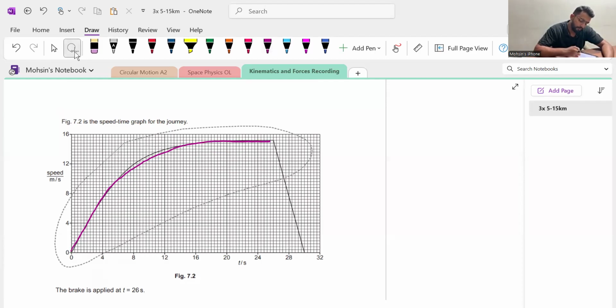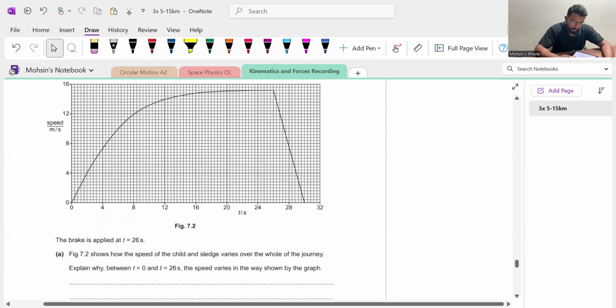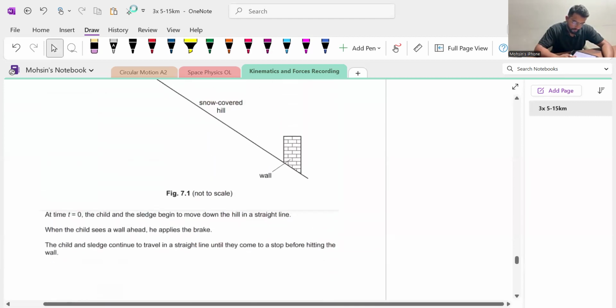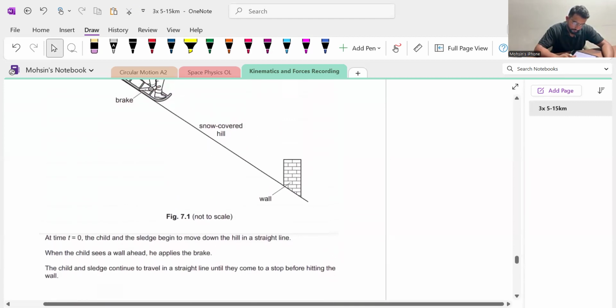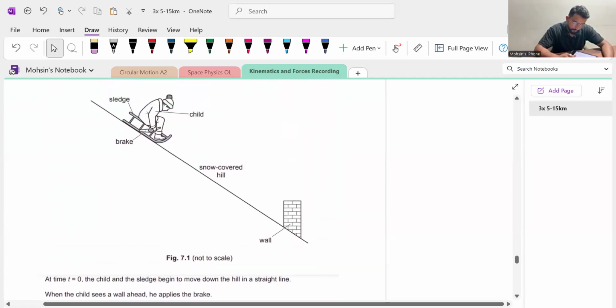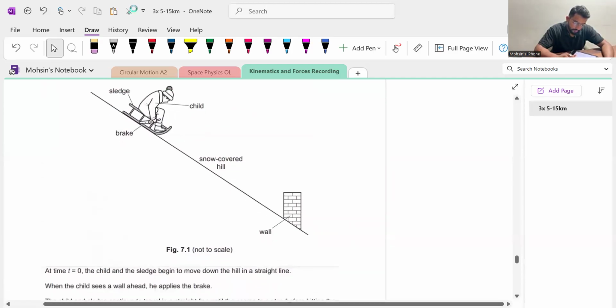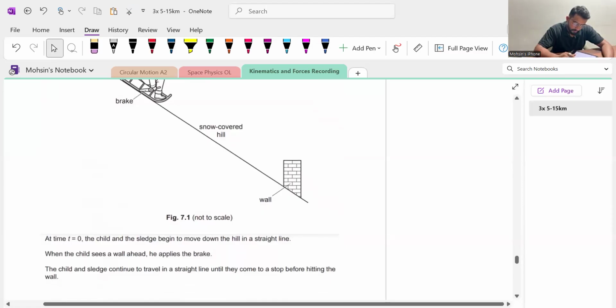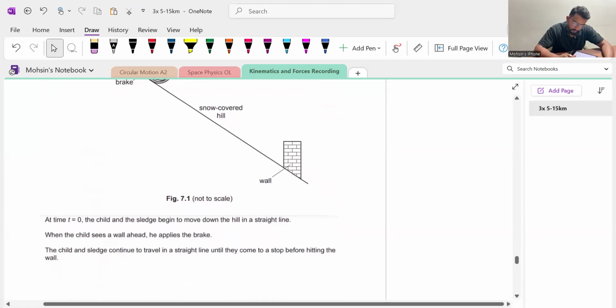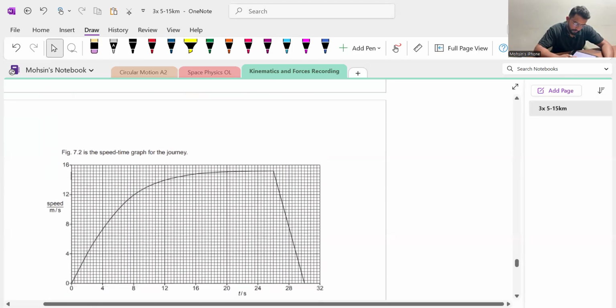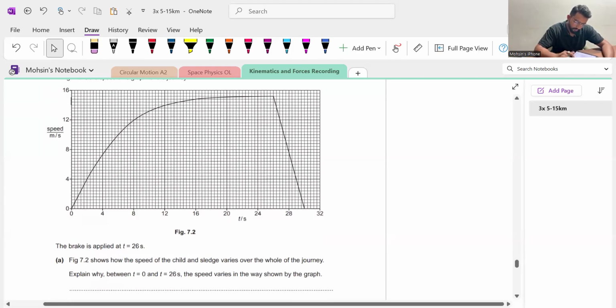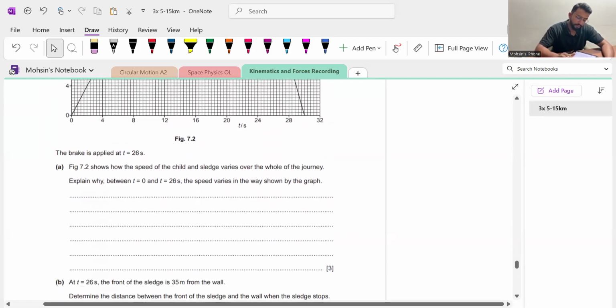And when this happens, when resultant force becomes equal to zero, so again, as the speed increases, air resistance increases, and the resultant force becomes equal to zero. So now I have to explain for 3 marks.